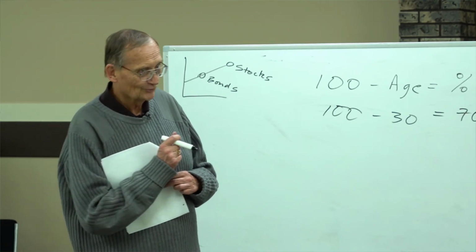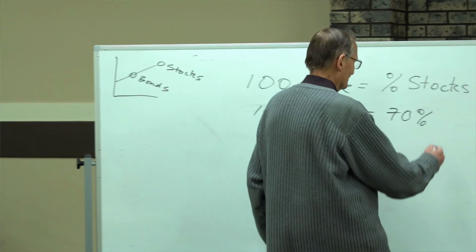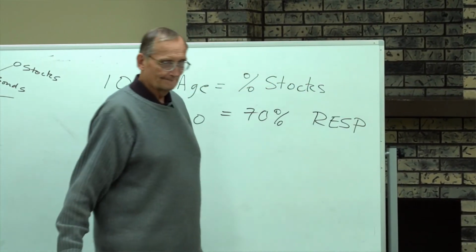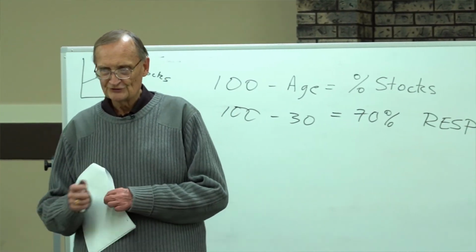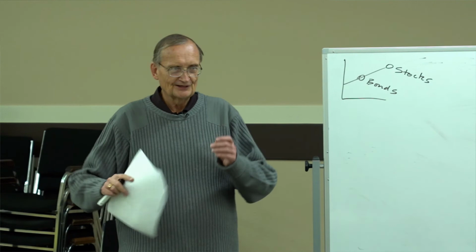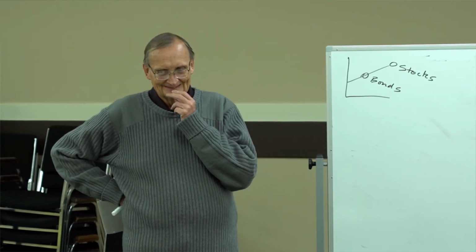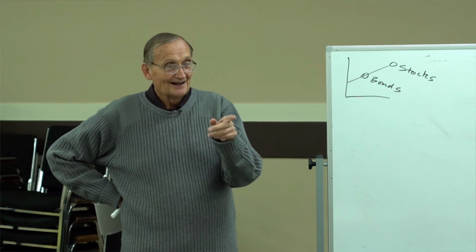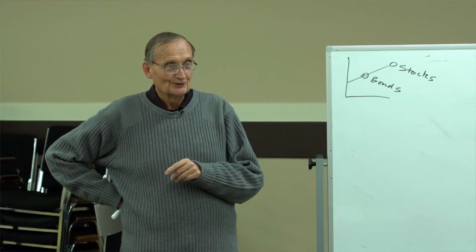Can I tell you another one? This is tricky. See if you can figure it out. Remember the accountant told us a registered education savings plan? What kind of assets should we have in it? I would tell you this, risky ones.